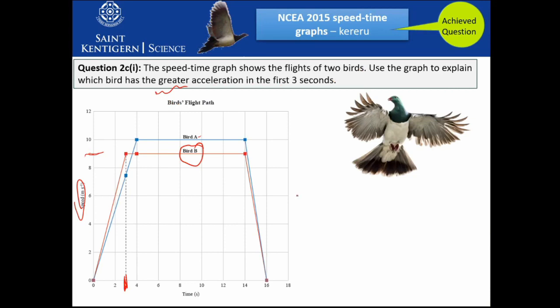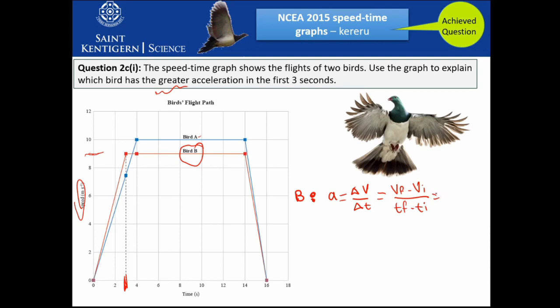So for bird B, we will say that the acceleration is the change in velocity over change in time equals velocity final minus velocity initial divided by time final minus time initial.